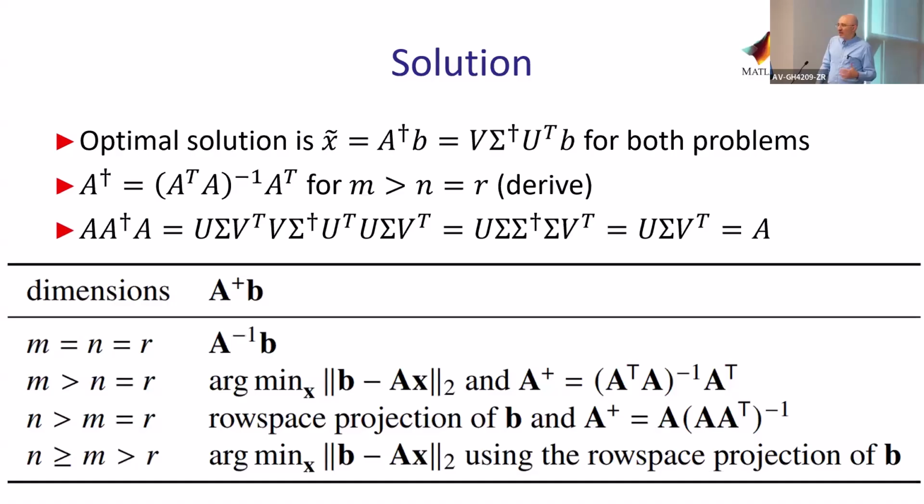Now, who told you that A transpose A is even invertible? Okay, in many cases it is, but not necessarily. You might have A transpose A, it is a square matrix, but not invertible. It might be a singular matrix. It might be very similar to a singular matrix, which is close enough.